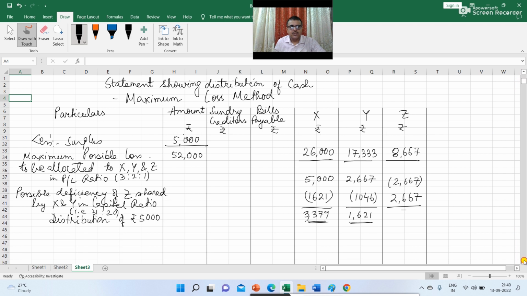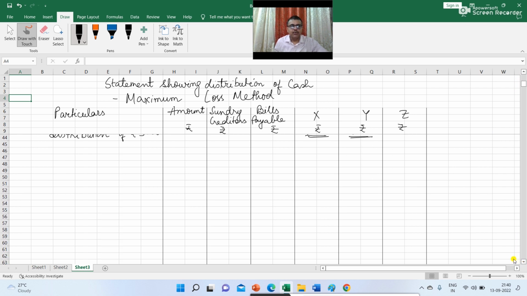Now let us proceed and see how the proceeds of February 2022 will be distributed. So here you can write what is the balance due to X. So 31,000 is the capital, and then 3,379 was distributed to X. So balance outstanding is 27,621.